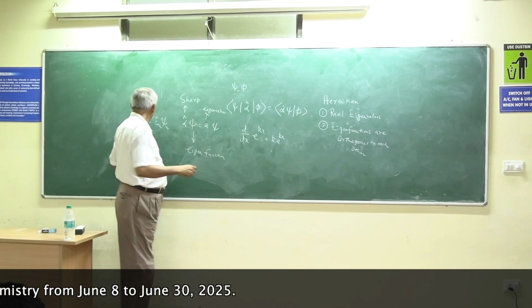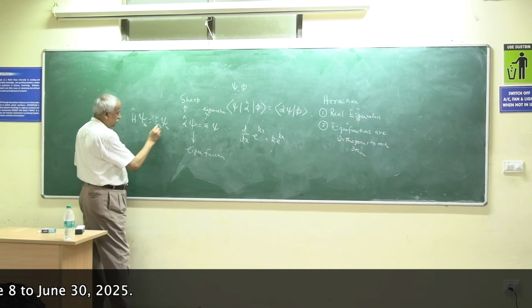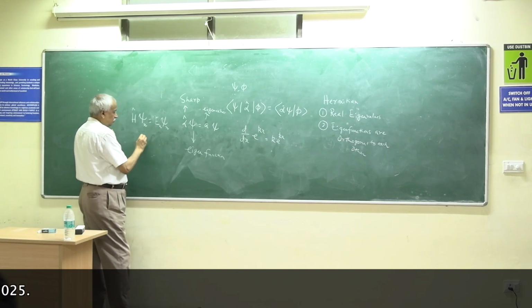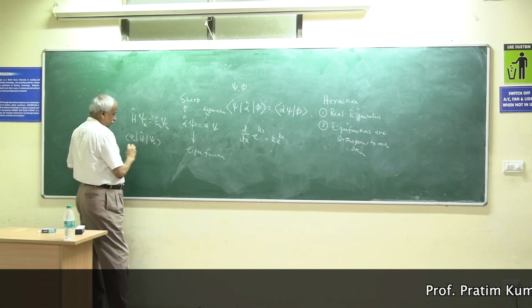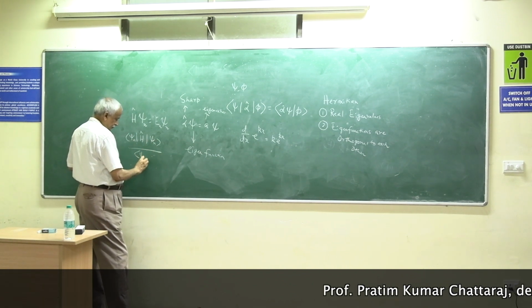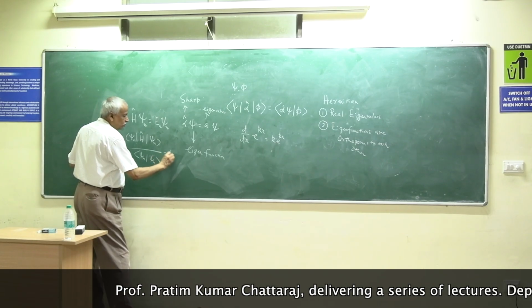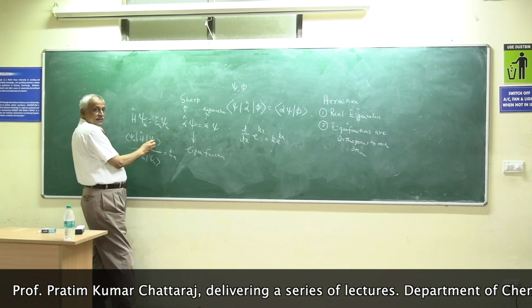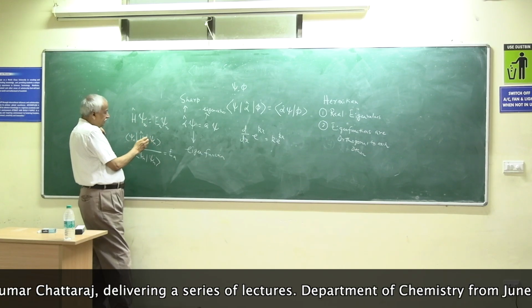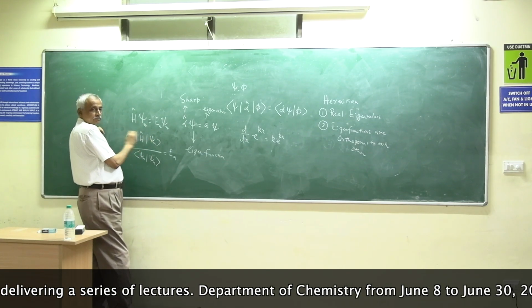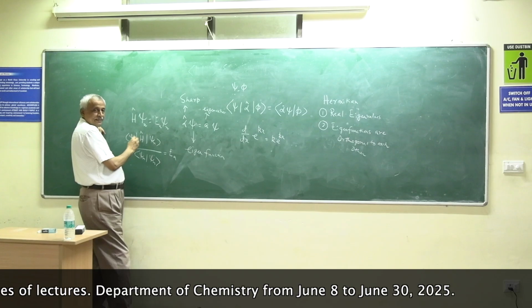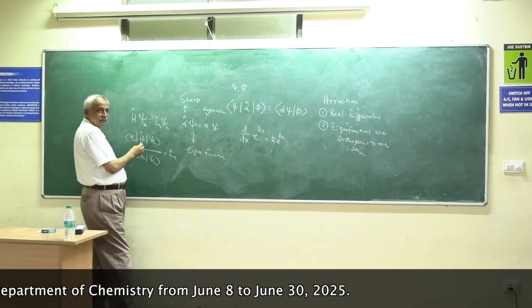Remember, if you take the expectation value of the Hamiltonian over psi_n, this would be E_n only, isn't it? Because H psi_n is E_n psi_n. E_n is a constant, I can take it out. Then this integral, anyway, is 1 if the functions are normalized.